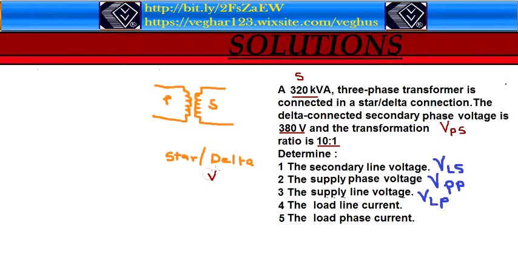So on the delta we have line secondary equals phase secondary.